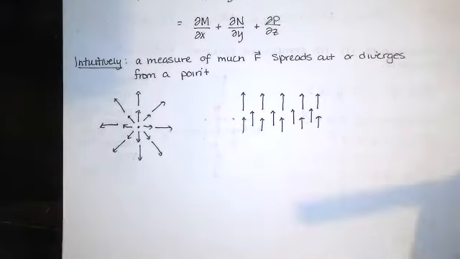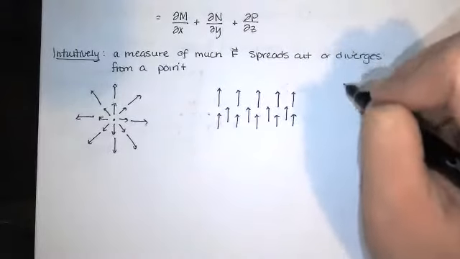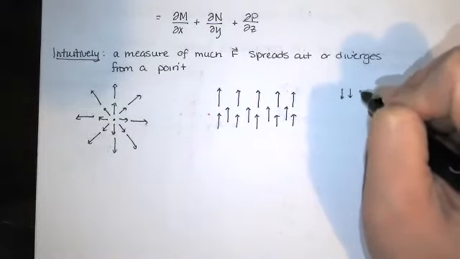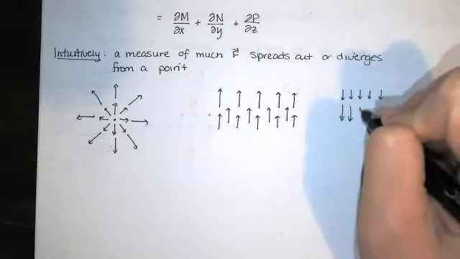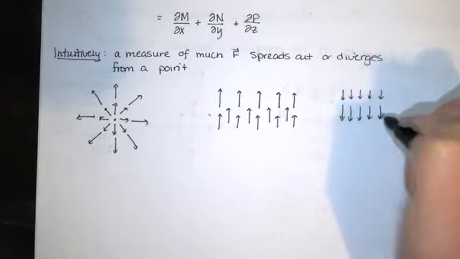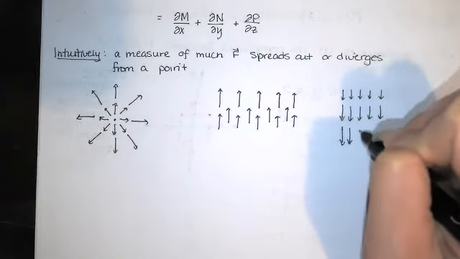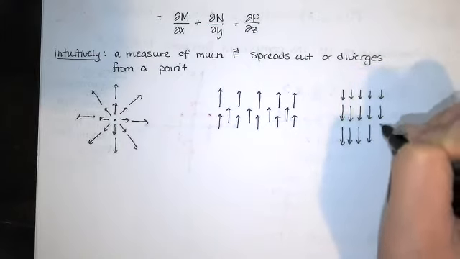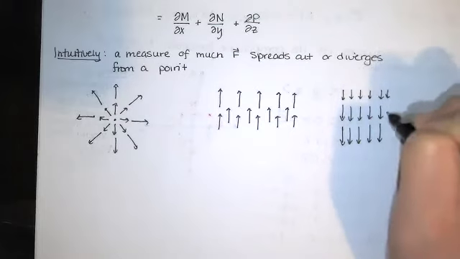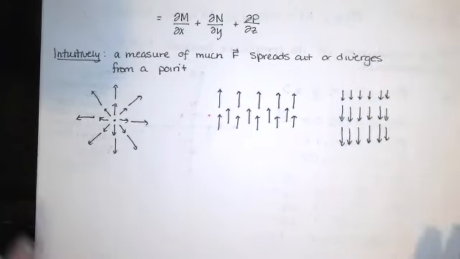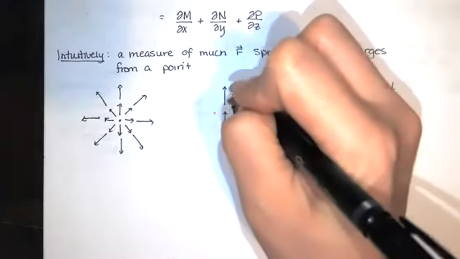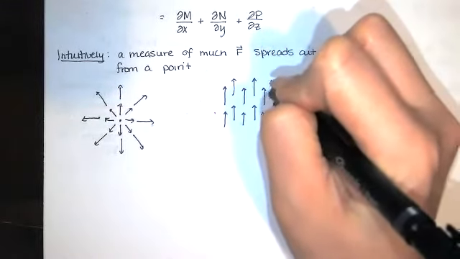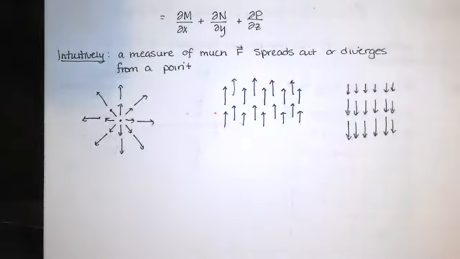And let's say I've got a field that looks like this. So here we've got 3 fields. They're in the plane. And the question is, is the divergence of each of these fields positive, negative, or 0, or is it impossible to tell?